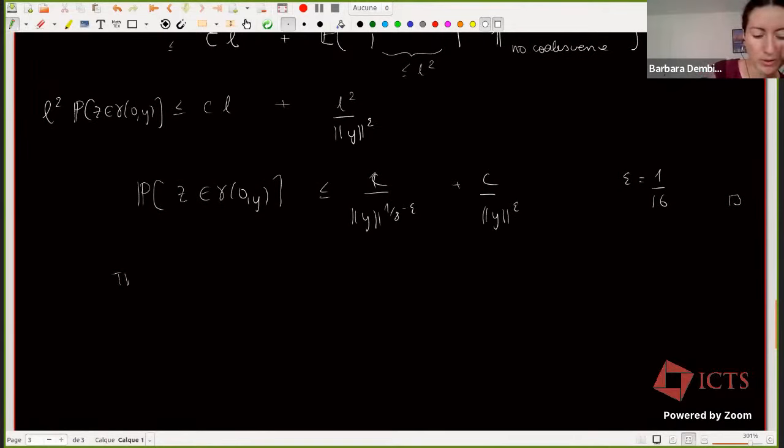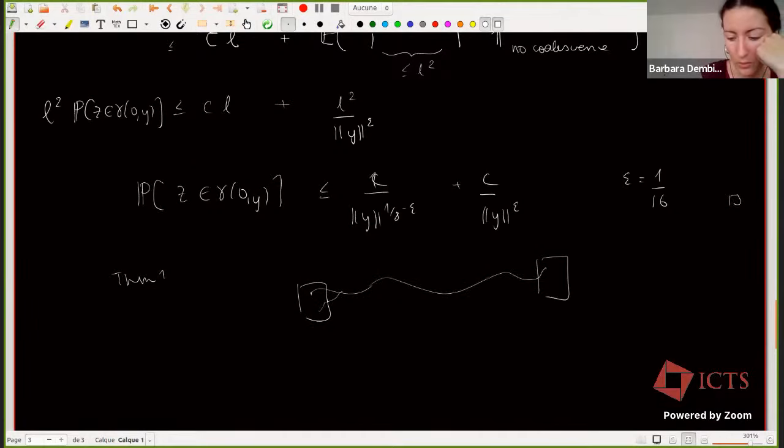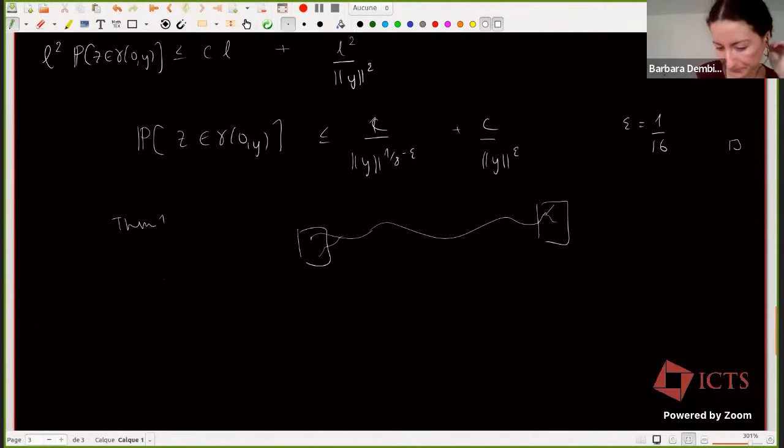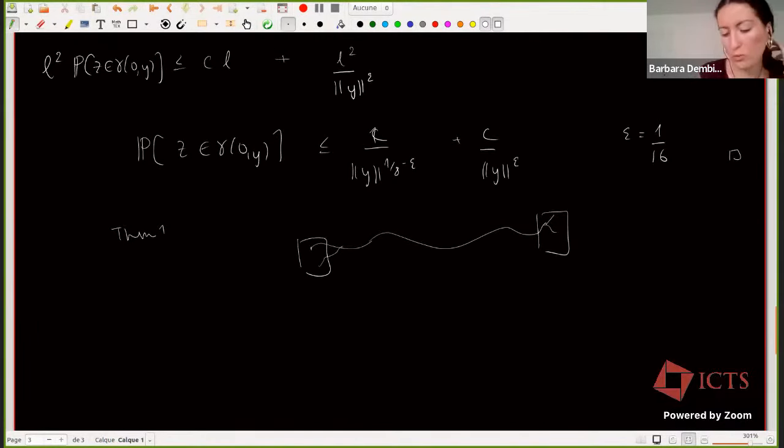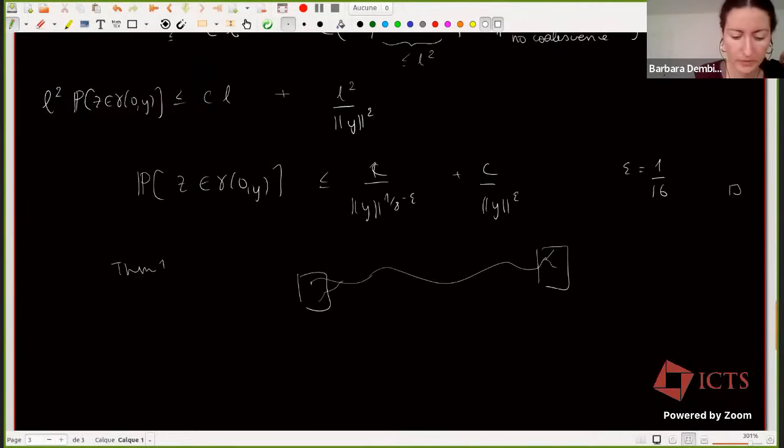Let me recall that for theorem 1, we want to prove that with very high probability, all geodesics starting from here to here coalesce, with a really small symmetric difference.